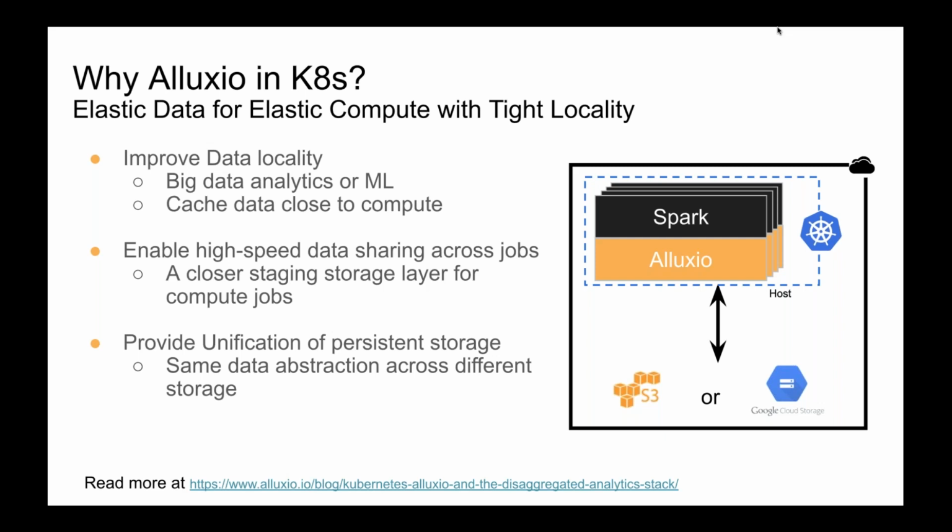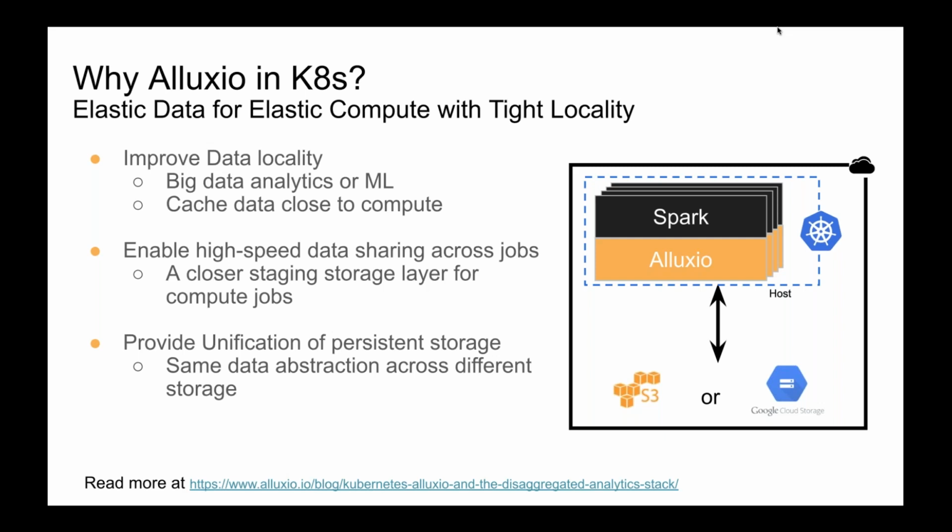So having Alluxio in the Kubernetes picture helps to achieve elastic data for elastic compute and with tight data locality. First of all, Alluxio can help data locality by running Alluxio itself in the Kubernetes stack.